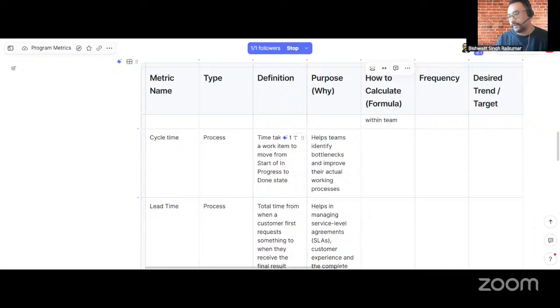So for cycle time, why it is useful is it helps identify the bottlenecks. Like you mentioned, dependencies, wait times, all those come out, and we can improve. Once we remove all those bottlenecks, we will improve the processes when we work on cycle time.